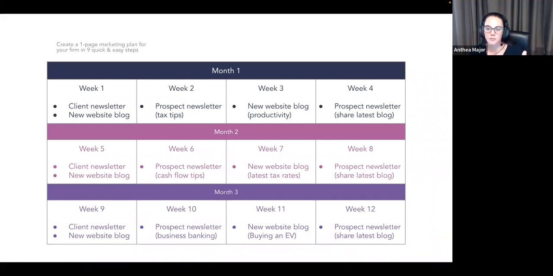So it could be prepare-for tasks in here as well. Or I'd recommend you don't write it yourself anyway. So if it's just sourcing that content, then you can flesh this out more than just send client newsletter, of course. That's just an example of a basic marketing plan.